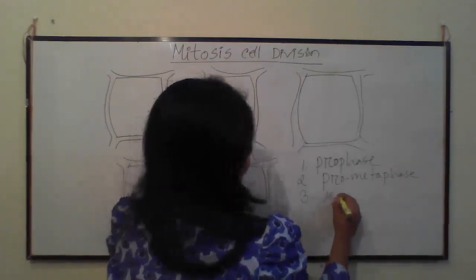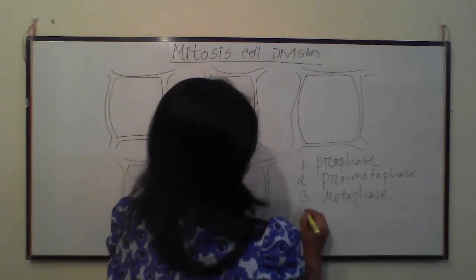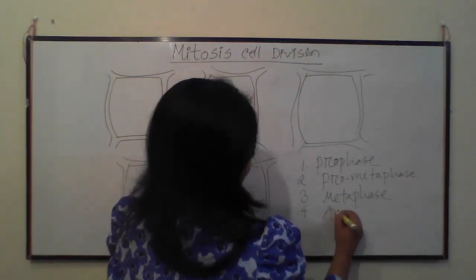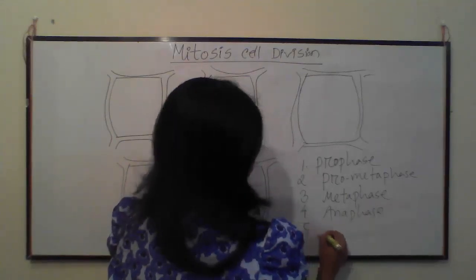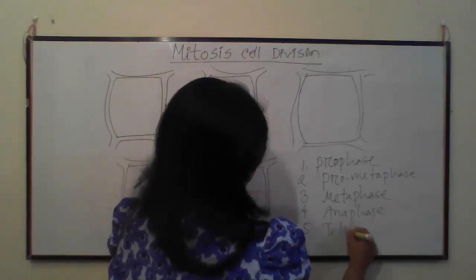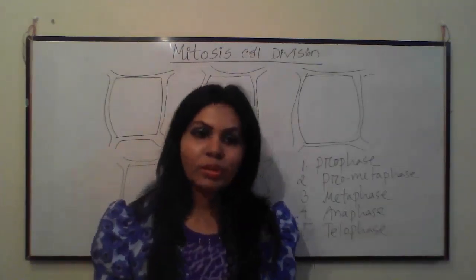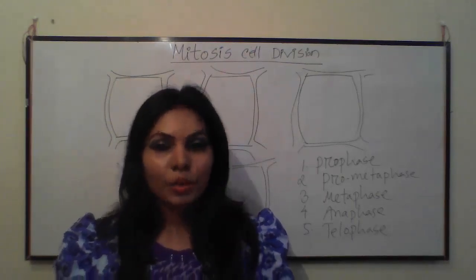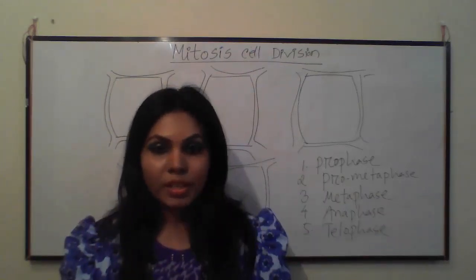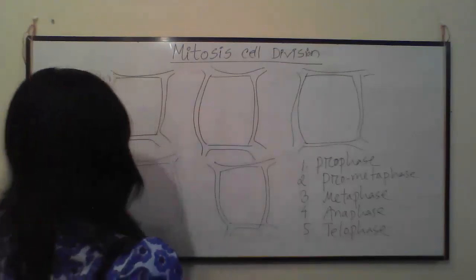Number three, metaphase. Number four, anaphase, and number five, telophase. These are the stages of karyokinesis, so in these five stages the mitosis cell division, especially karyokinesis, occurs.